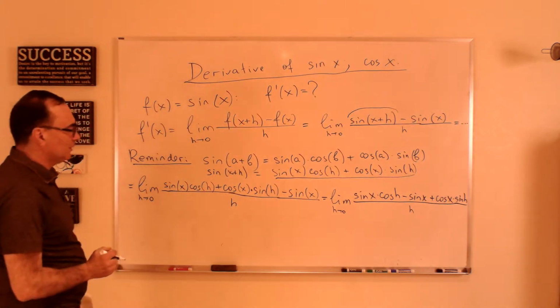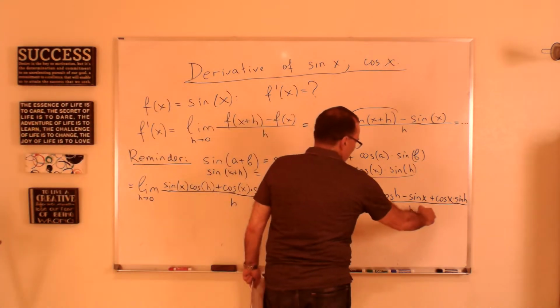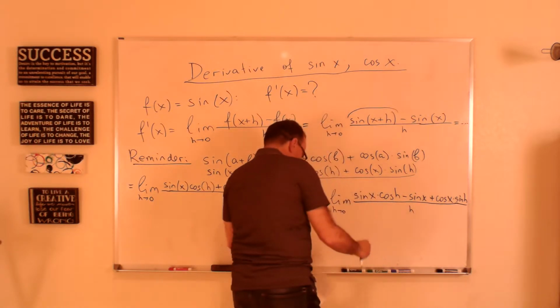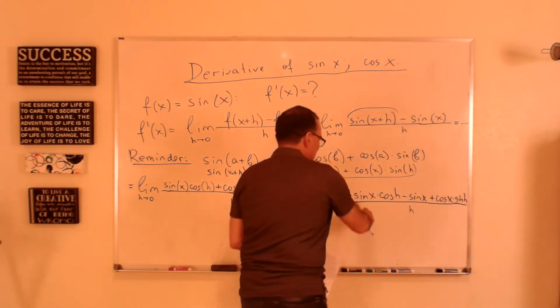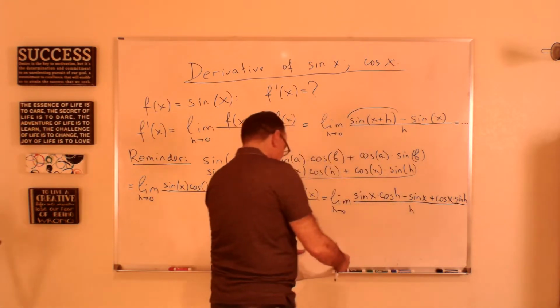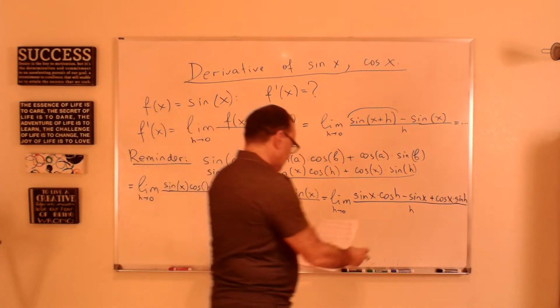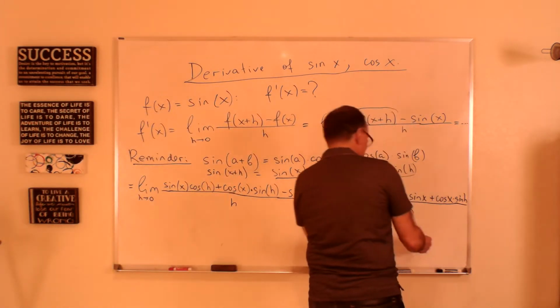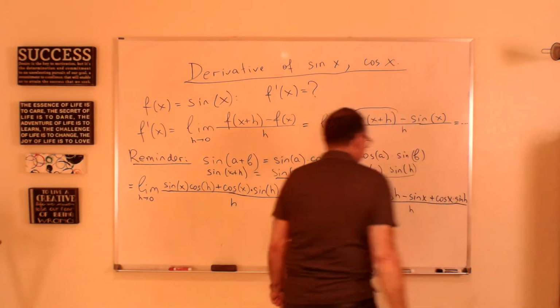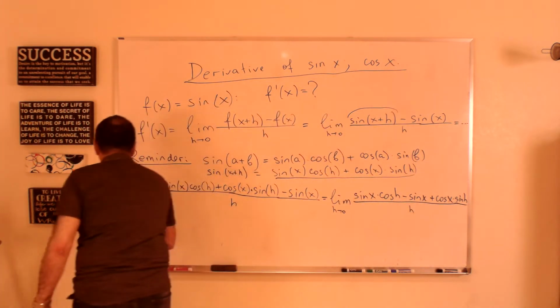Next thing I will do is this. I will split my fraction into two separate fractions. One of them will be sine x times cosine h minus sine x, all of that over h. And another one is cosine x times sine h over h. So here's what I'm doing.